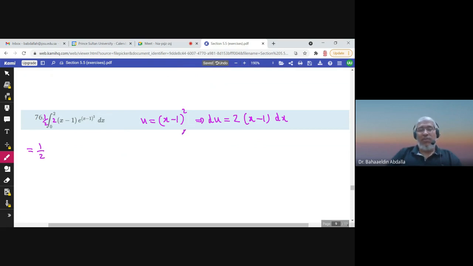If x is 0, u would be 0 minus 1 squared, which is 1. If x is 2, 2 minus 1 is 1.